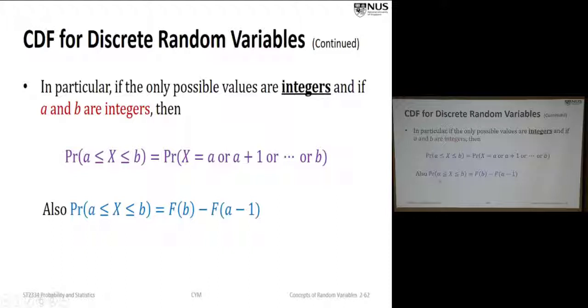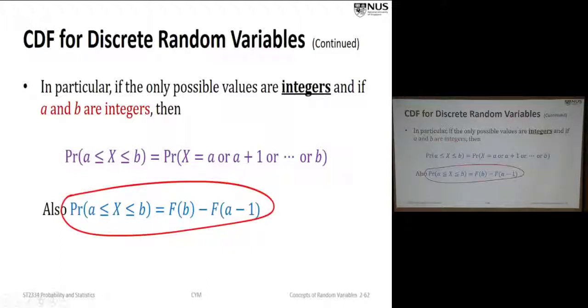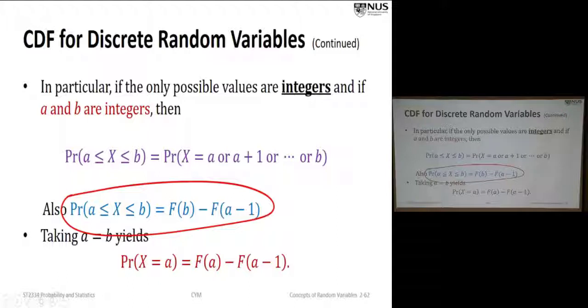So this is what we usually have for a discrete random variable with integers as the range space. From here, we can get the probability of x equal to a. It's equal to F of a minus F of a minus 1.